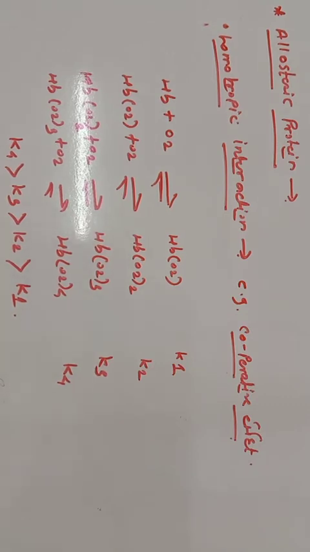You should remember, in this case oxygen is your ligand and it binds with your protein, and therefore it is also considered a modulator. So the normal ligand O2 and the modulator are the same, and it is considered a homotropic interaction. The best example is the cooperative effect of oxygen binding with hemoglobin.